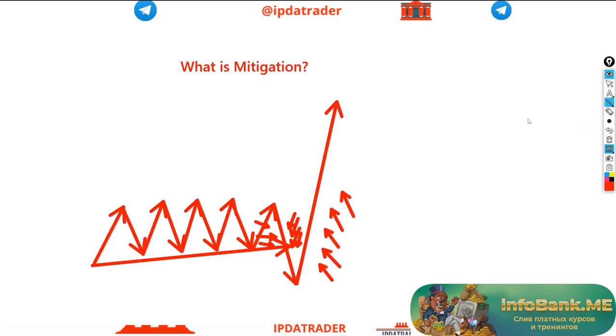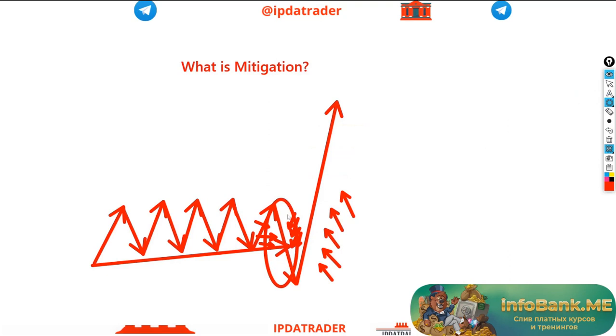If you see plenty of imbalance within this up move, all the way up, that means the up move was too aggressive and they probably didn't have enough time to close out the sells of this region, and they are going to need to return at some point so that they can close those sales.